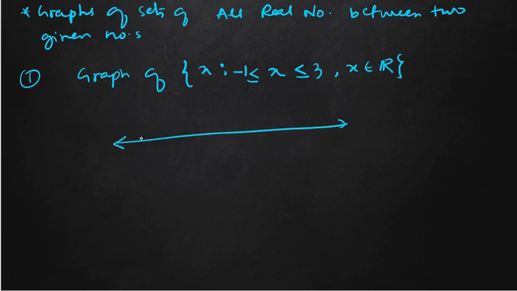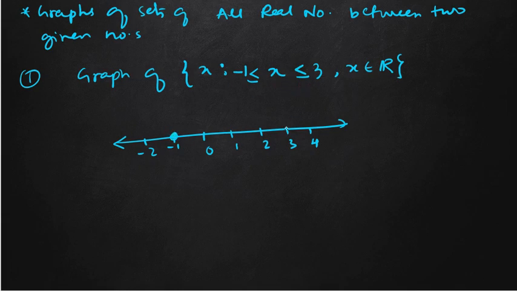Okay, so for this what we do, we will draw a real line and mark the numbers between -1 and 3. So suppose this is our 0, this is -1, this is -2, this will be 1, 2, 3. Suppose we write one extra point towards the left side and one extra point towards the right side. Okay, so all the points including -1 and 3 and all the numbers in between.